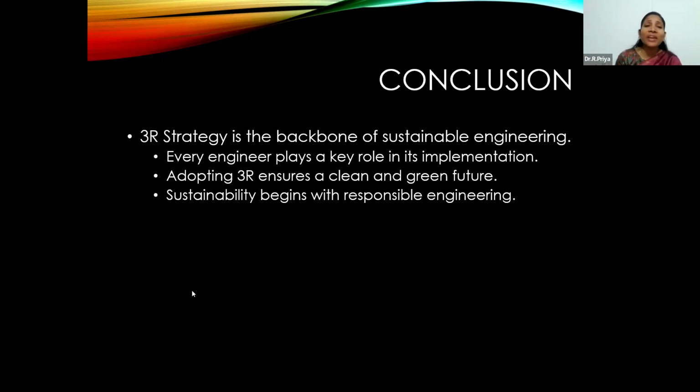It reduces waste, enables efficient and effective resource use, and effective recycling helps protect the air, water, soil and natural ecosystems for future generations. Finally, sustainability begins with responsible engineering.